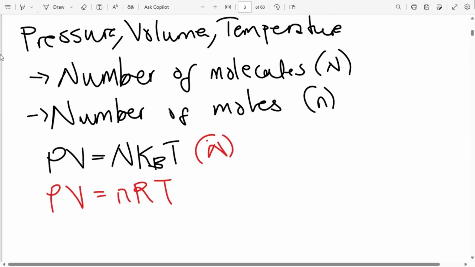So on the first equation, P is for pressure, as usual. V is for volume. This capital N is representing the total number of molecules.